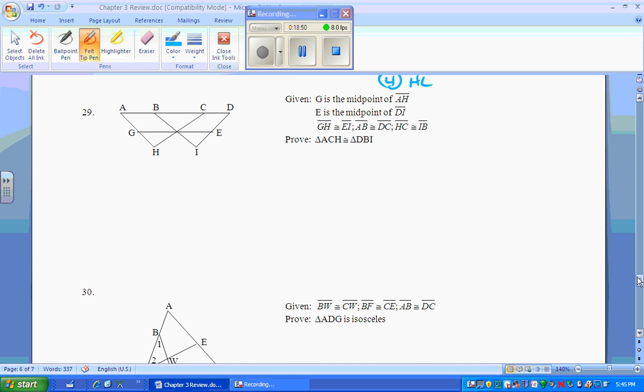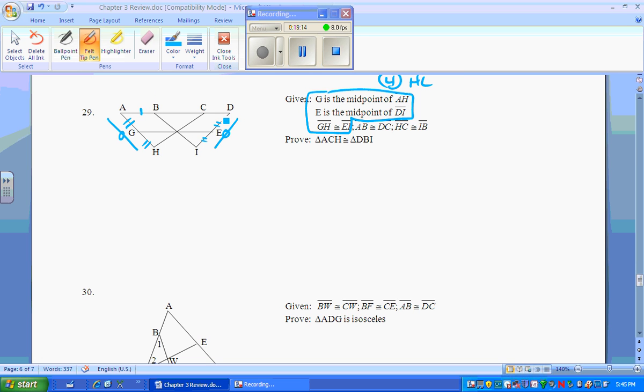Two left. We have G as the midpoint of AH, and these two are congruent. E is the midpoint over here, and then GH is congruent to EI. So that means all four are congruent, plus this big piece and this big piece, by like multiples. These three together give me like multiples.